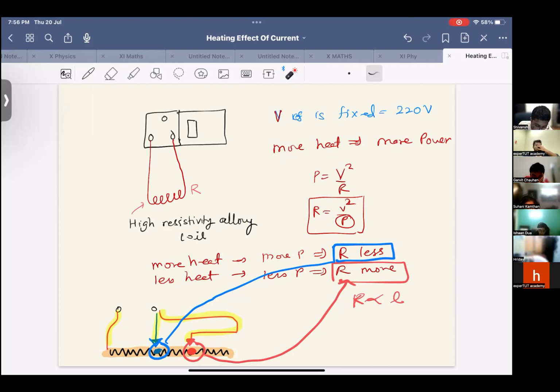Before switching on the resistor, its temperature is at room temperature, right? समझ में आ रहा है ना सबको?